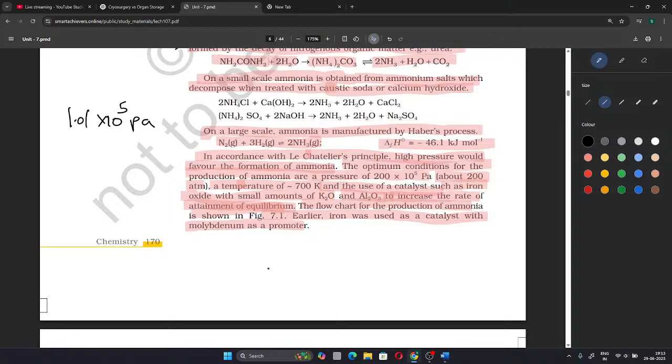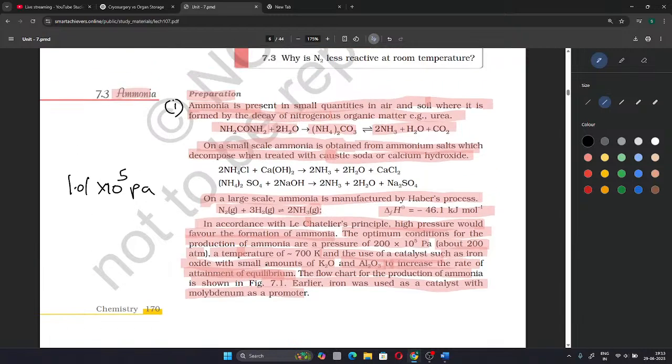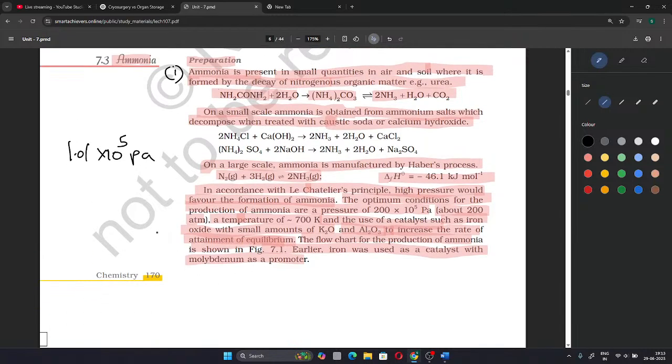On a small scale, ammonia is obtained from ammonium salts, and the second one is decomposition of ammonium salt, which decomposes when treated with caustic soda or calcium hydroxide.